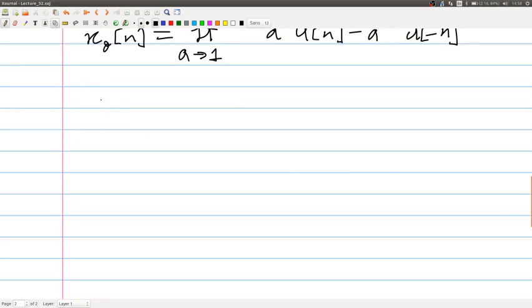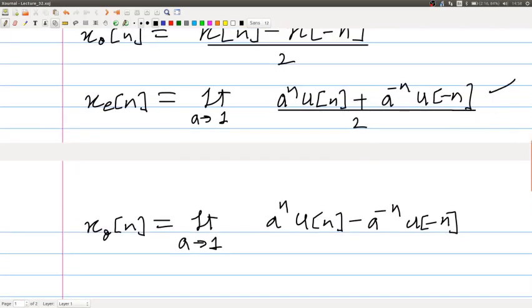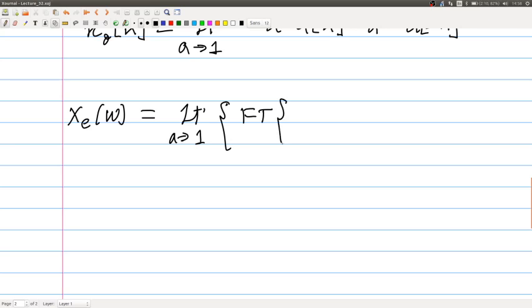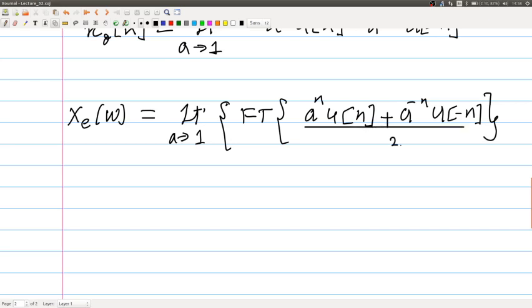Right. So now if I take the DTFT of the even component, I would get X even of omega as limit a going to 1 Fourier transform of a to the power n u[n] plus a to the power minus n u[minus n], divided by 2.